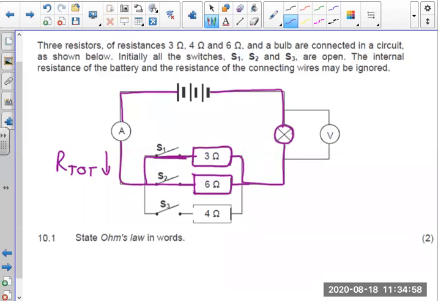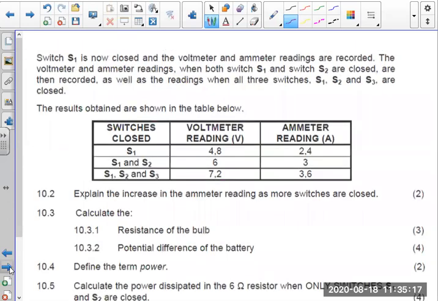If I add another one, the resistance is going to be smaller than 3. So every time I add a resistor in parallel, the total resistance decreases. Therefore, the total current will increase. The question was, explain the increase in the ammeter reading.